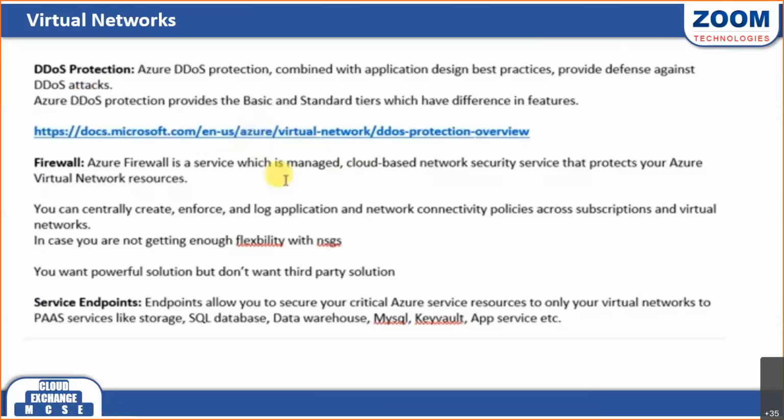So actually DDoS will not allow the hacker to reach your virtual machine. Your virtual machines are connected to the VNet. So on the VNet we have this DDoS feature. So guys, the DDoS feature will protect your network. Okay, so DDoS will not allow the user to connect to your private network, to connect to your machine.